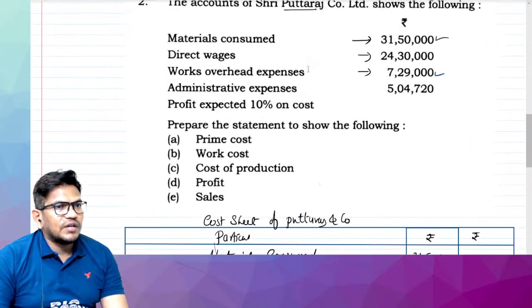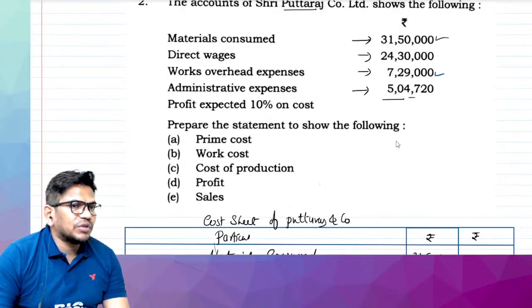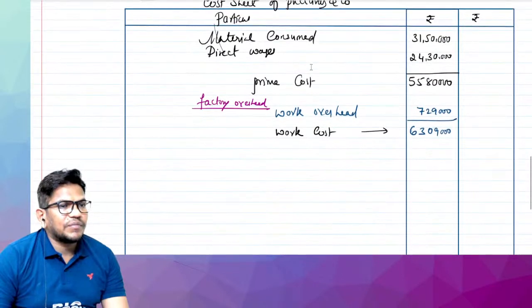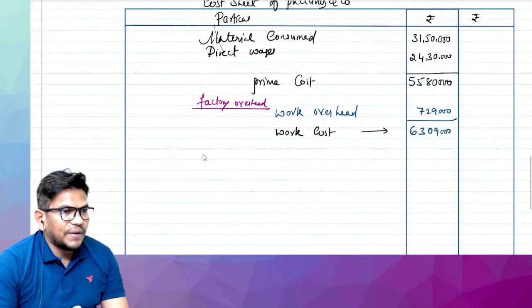Next is what? They have given administrative overhead. Simple problems, very simple. 5,04,720. What is that? Administrative overhead.